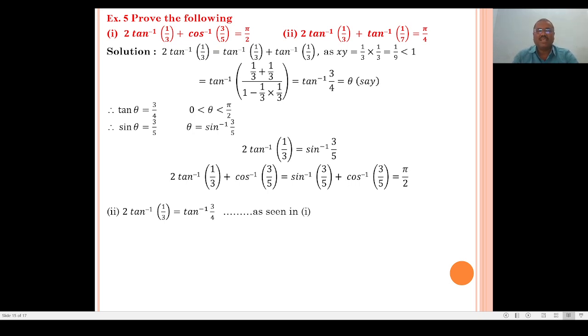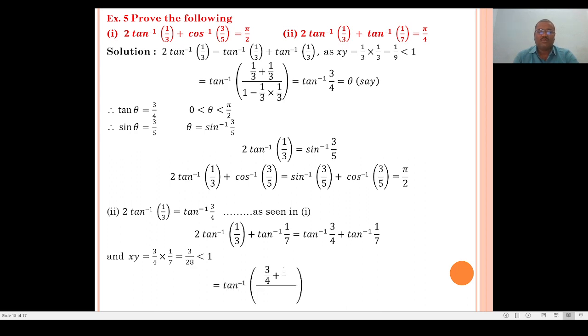So 2 tan inverse 1/3 plus tan inverse 1/7 equals tan inverse 3/4 plus tan inverse 1/7. So as the product xy is less than 1, tan inverse of 3/4 plus 1/7 upon 1 minus 3/4 into 1/7. So we get tan inverse 1, which equals pi/4.